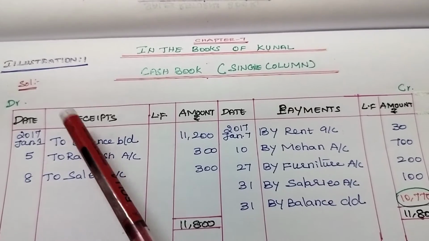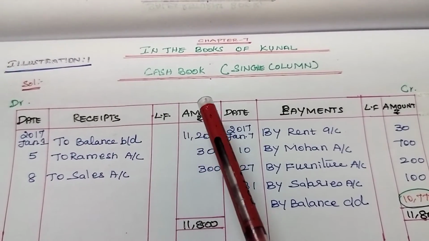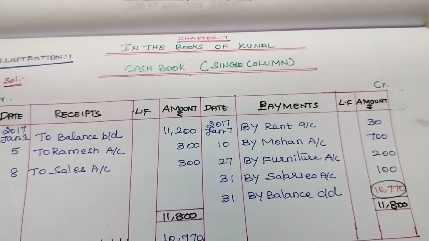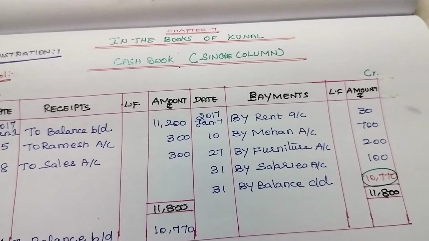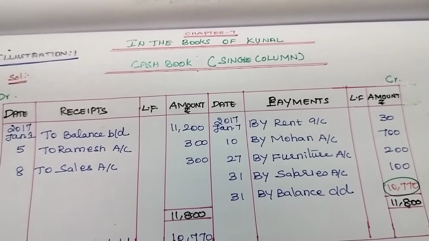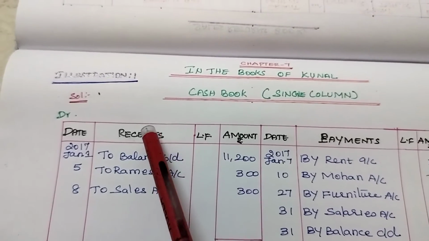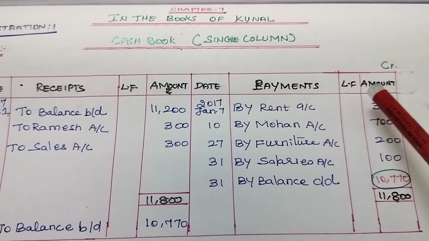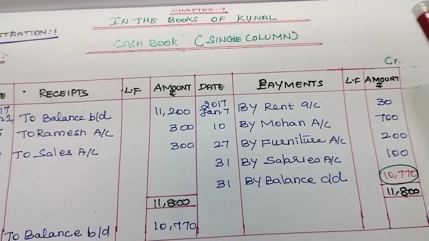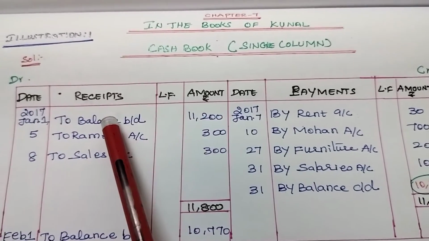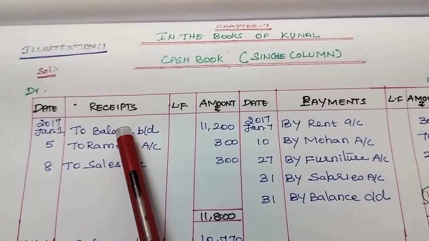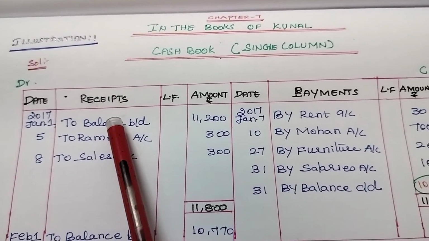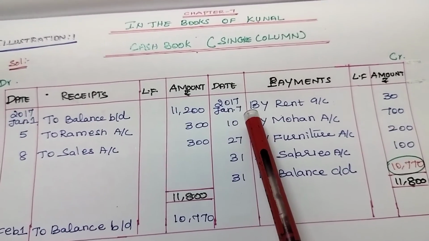The debit side has date, receipts, LF and amount in rupees, and the credit side contains date, payments, LF and amount. You have to write debtor on the debit side top corner and creditor on the credit side top corner. So cash receipts are recorded on the debit side and the cash payments you have to record on the credit side.